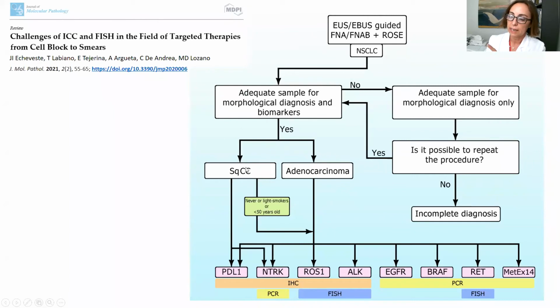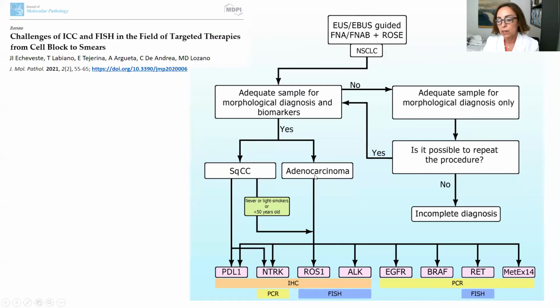Remember, the morphological diagnosis is the first biomarker. If the patient has a squamous cell carcinoma, the guidelines recommend performing PD-L1. Oncologists are starting to require many more markers than PD-L1, but the guidelines say that for squamous cell carcinoma we have to do PD-L1, which as you know is performed using immunohistochemistry.